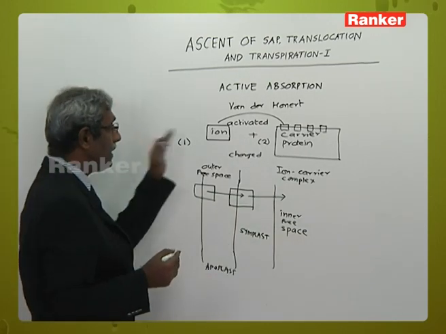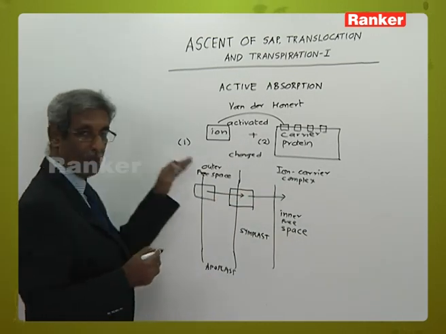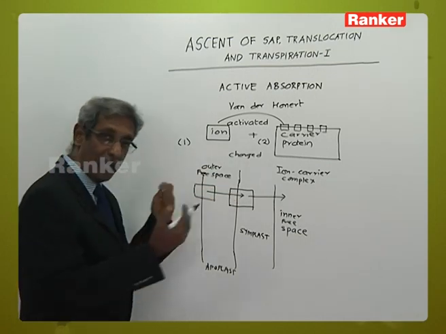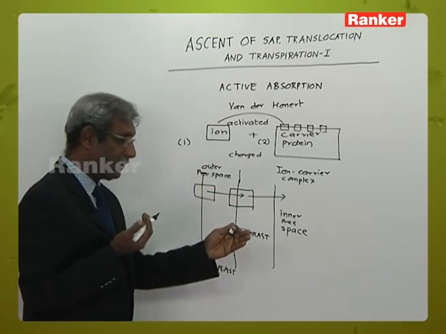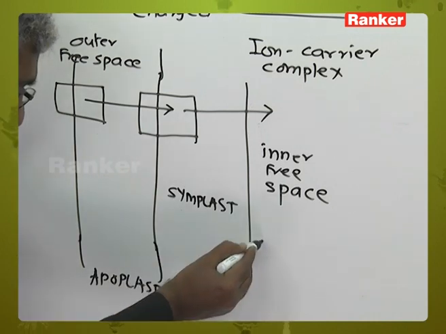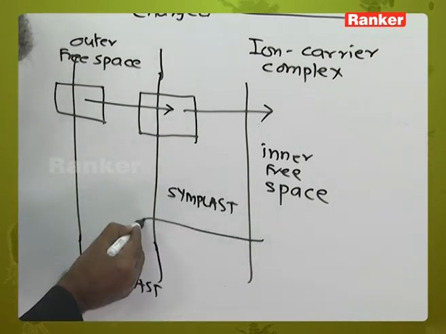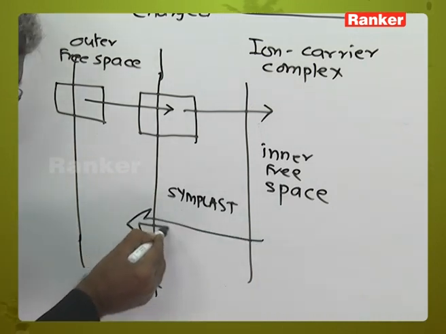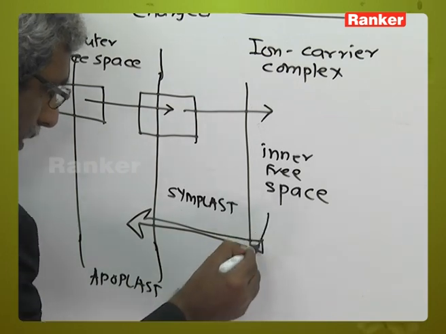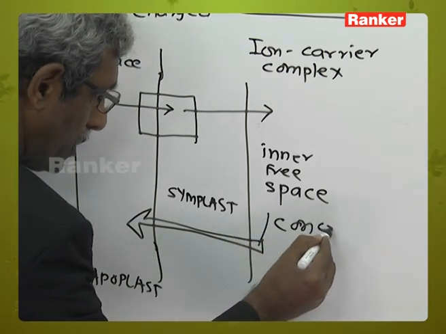Now, whenever the ions move, active absorption of ions, it is against a concentration gradient. So, we have a concentration gradient here. This is termed as concentration gradient.